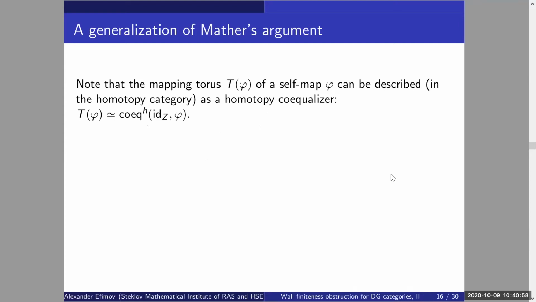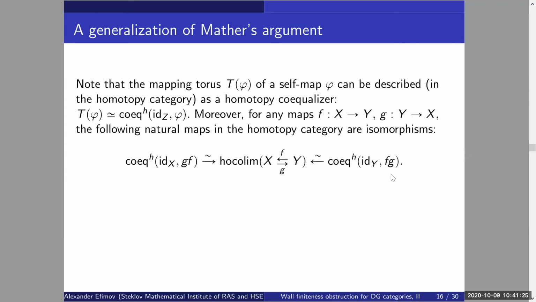So it's weakly homotopy equivalent to a homotopy co-equalizer of identity and phi. Well, you can also say that it's the homotopy co-invariants of the monoid of natural numbers. So phi defines an action of natural numbers on Z, and this is just the homotopy co-invariants of this action.